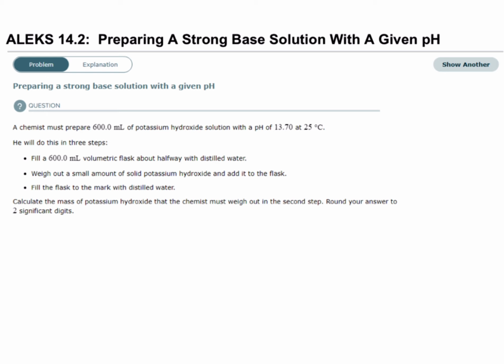So the first thing I want to do is come up with a balanced chemical equation. Potassium hydroxide is a strong base, so when I dissolve it in water, it will completely dissociate into its cation and hydroxide. Once I have my balanced chemical equation, I can go ahead and start off listing my given information.